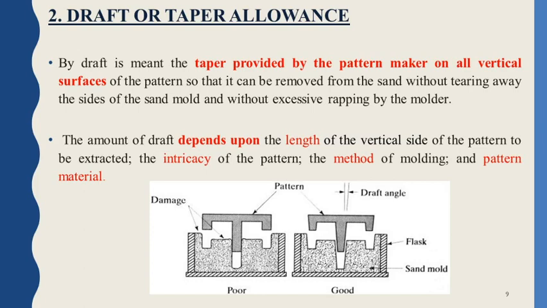Again, this draft allowance depends upon the length of the pattern, the intricacy or complexity of the pattern, the method of molding, and the pattern material, whether we are using a metallic material or a wooden material. It also depends upon the type of material.